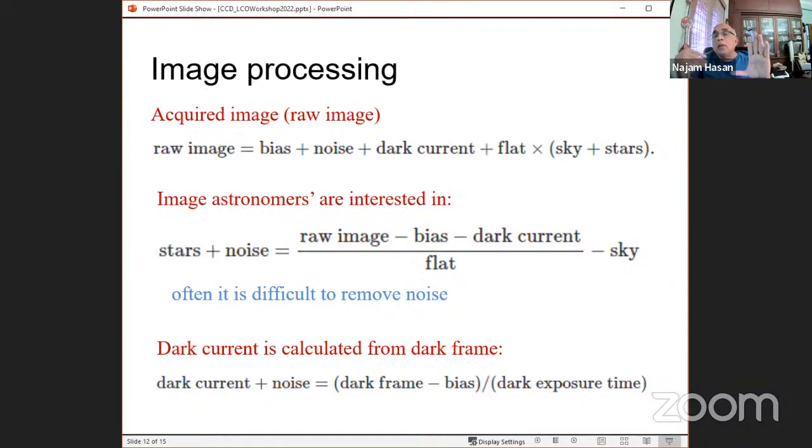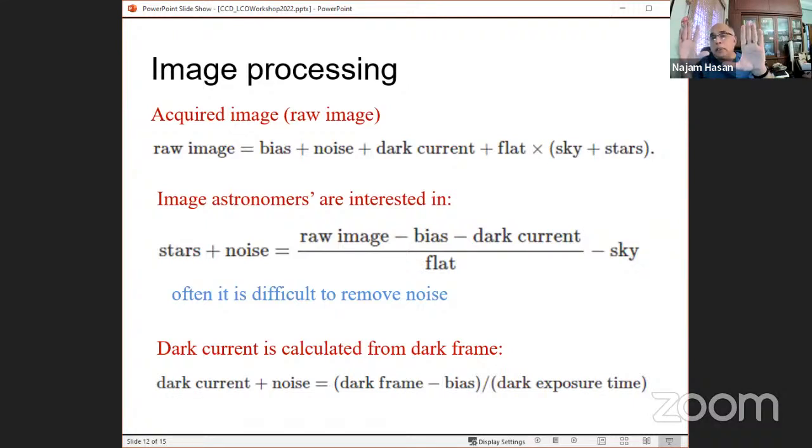So flats are made up either at the time of twilight, just after the sun sets and before the first stars appear, many images of this sky, which is a very homogeneous sky, many are taken and the flat is created. So a flat can be created by taking the mean of these multiple exposures or by taking the median of it, right?